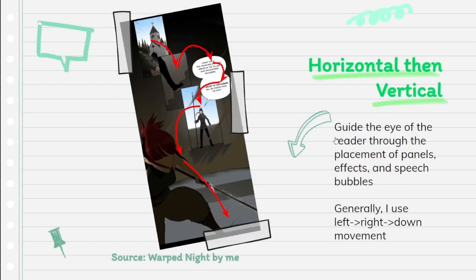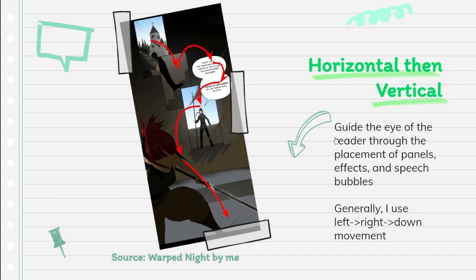In the example shown here, I usually use left, right, down to place my panels and guide the eyes of the readers. If you follow a manga format, left to right, down, manga also uses that as well, and you can use that too.